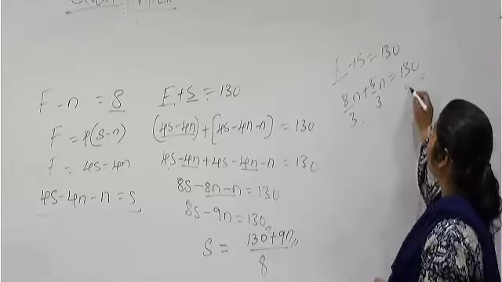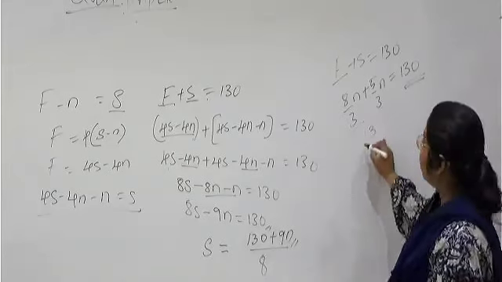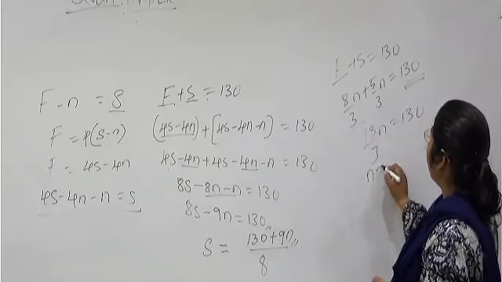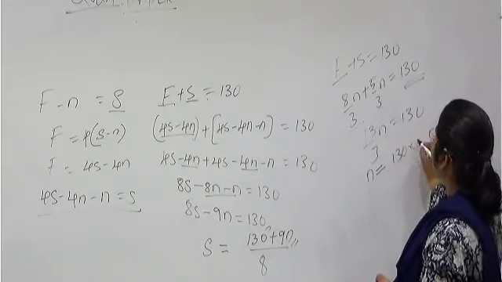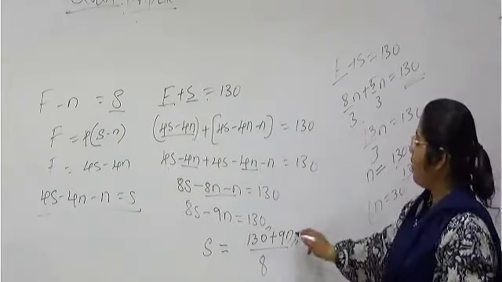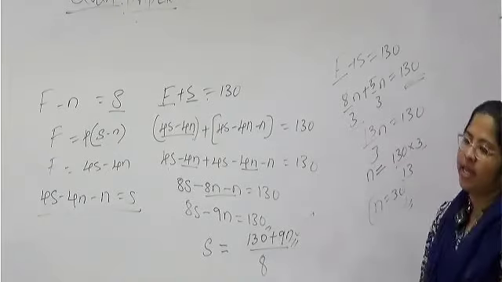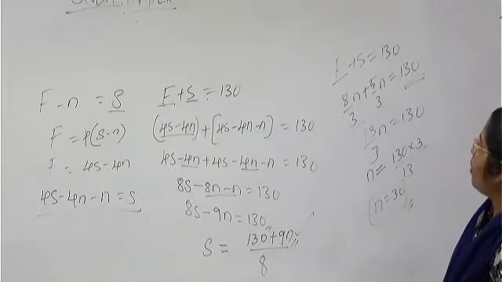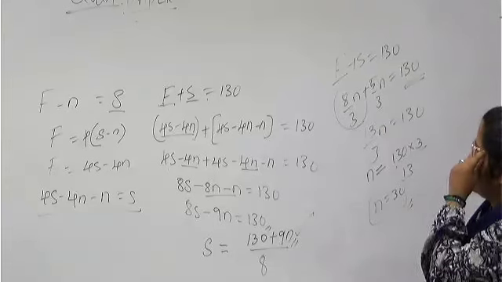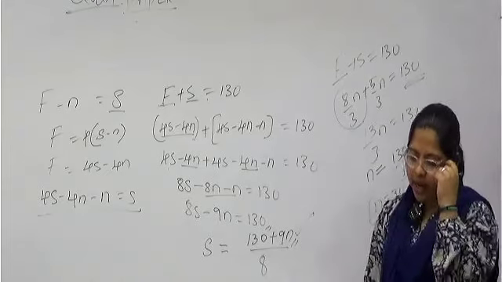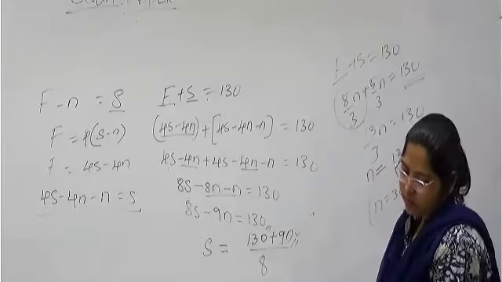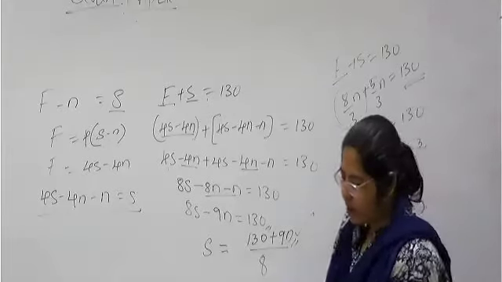This becomes 13 by 3n is equal to 130, and n is equal to what? 130 into 3 by 13, n is equal to 30. That n value, if you substitute here, you will get son's age. How did I write this? F is equal to 8 by 3, and how did I write? From here, yes, and we can make it.